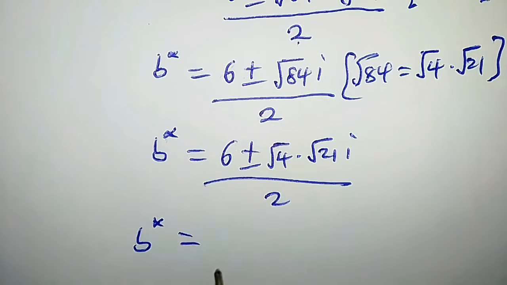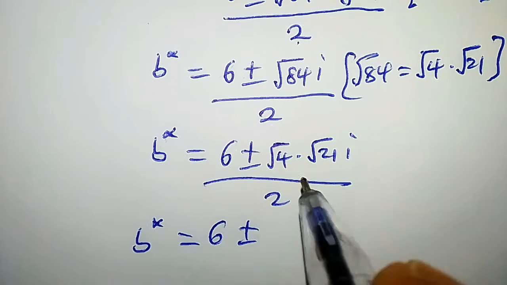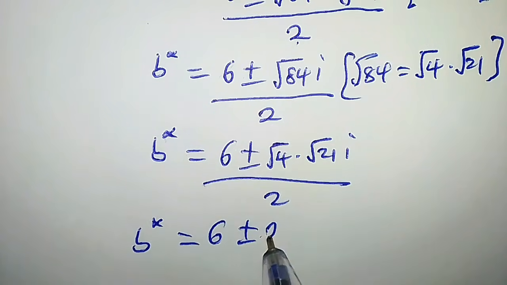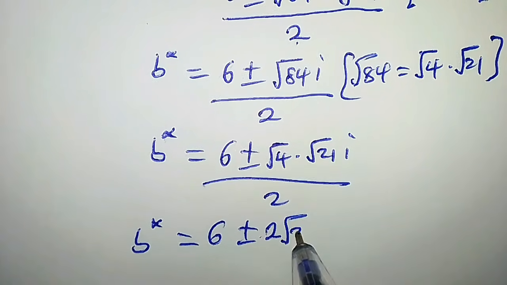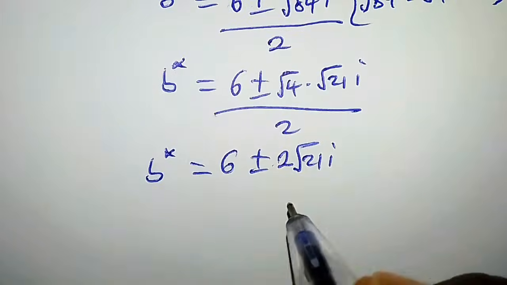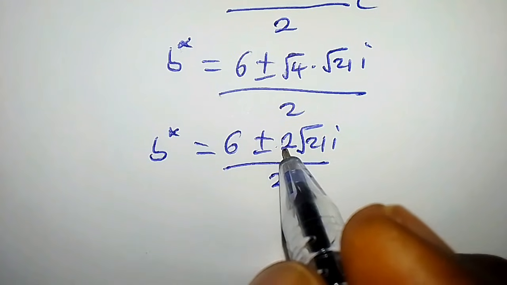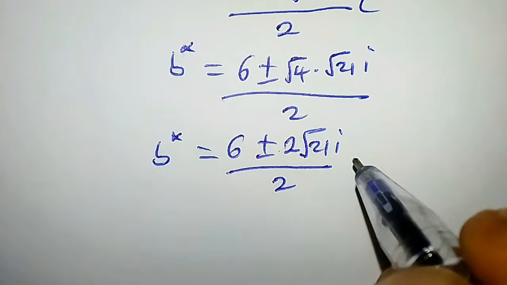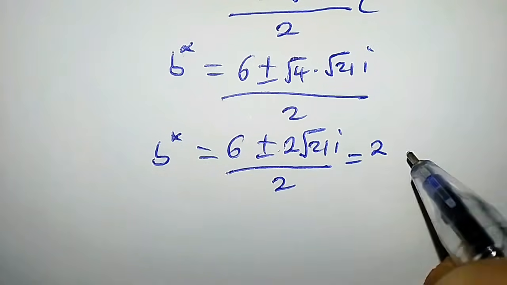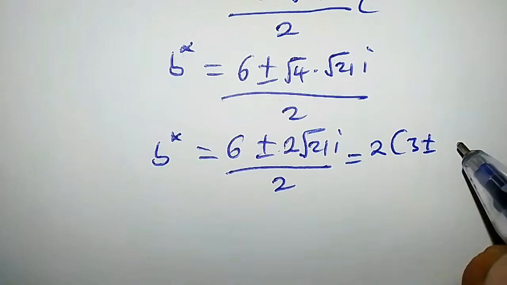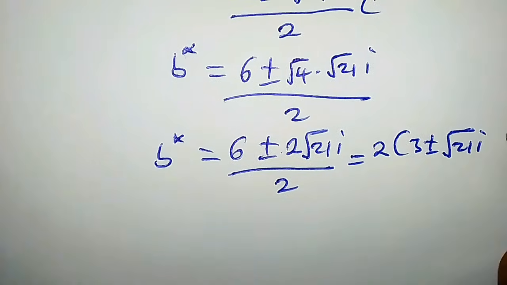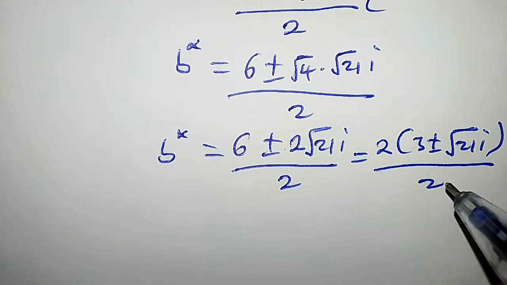b star is now equal to 6 plus or minus. What is the square root of 4? That is 2 times square root of 21 times i divided by 2. It is possible I can factor out 2 from this numerator. So I have 2 into 3 plus or minus square root of 21 i, divided by 2.